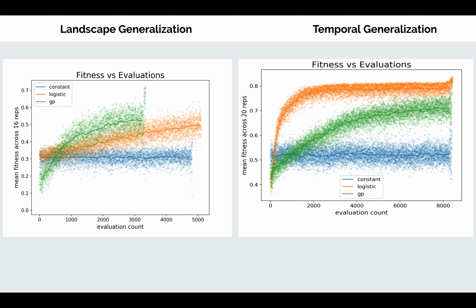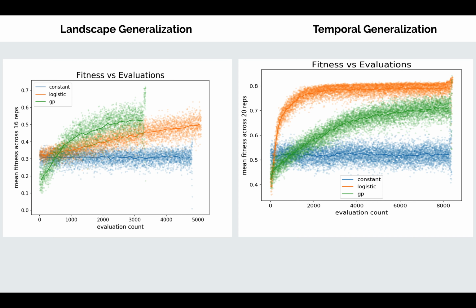The next way that we evaluate the models is by looking at how the fitness changes as each individual is being evaluated. So this is a similar plot, but at a finer temporal resolution. Interestingly enough, for the landscape generalization, we see that the genetic program is actually able to surpass the logistic function, which is really interesting.